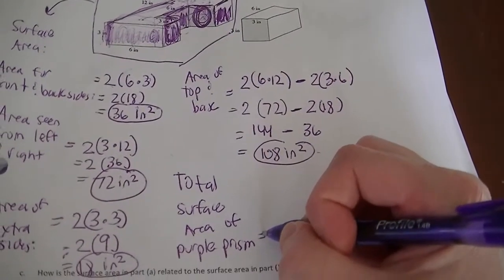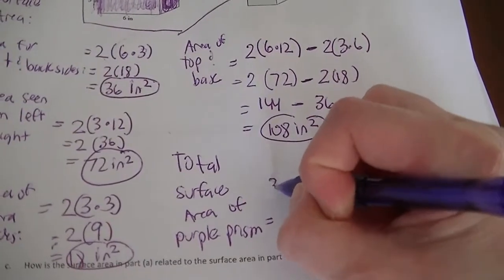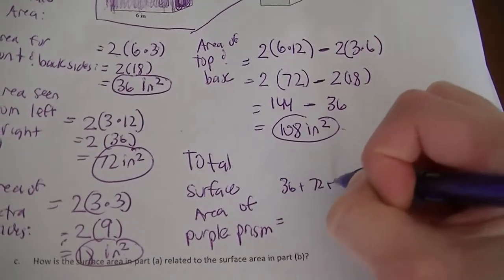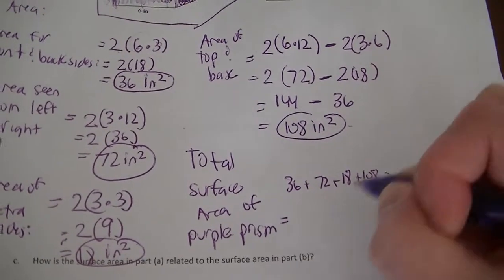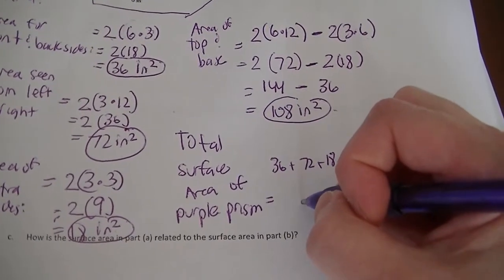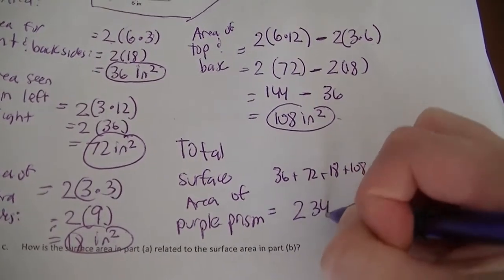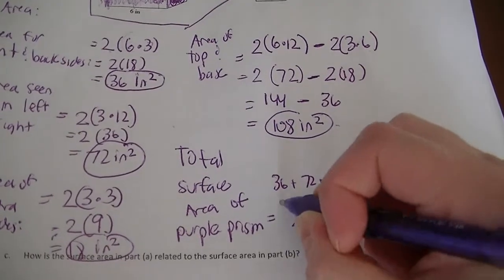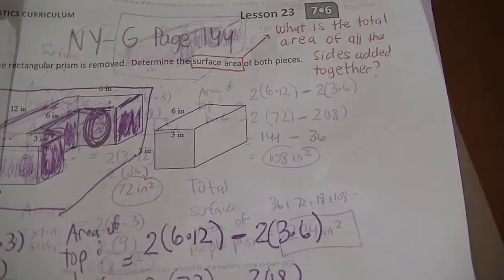When I add that all together, I'm just going to show my work here. 36 plus 72 plus 18 plus 108 inches squared would give me a grand total of 234 inches squared as the total surface area of this prism.